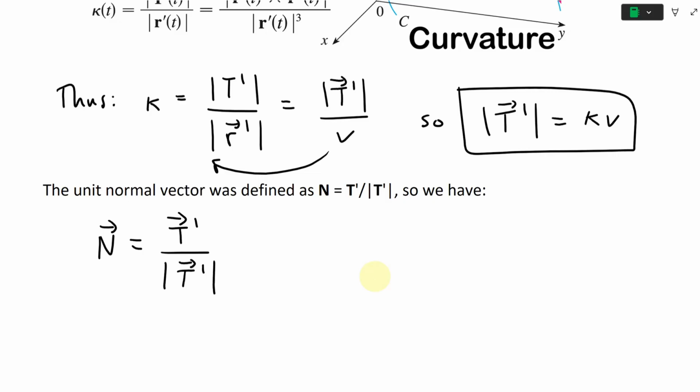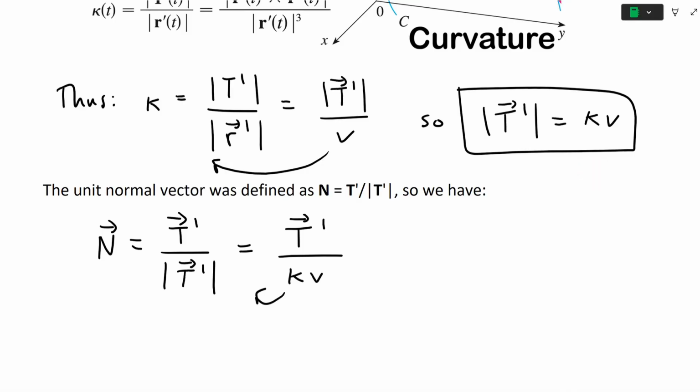Then we can just rearrange this, or just plug that in. So this equals the unit tangent vector derivative divided by, we just throw that in there and see what happens, kappa v.